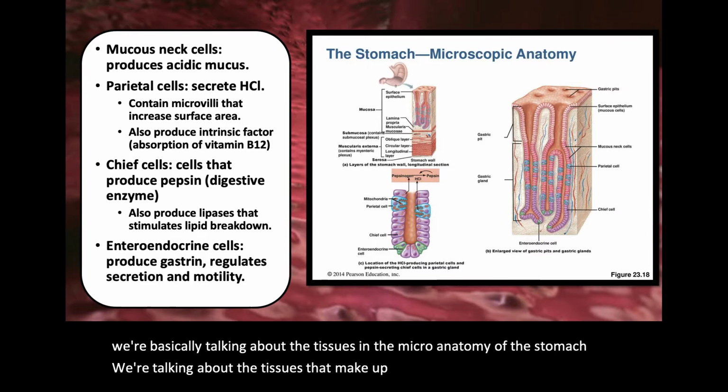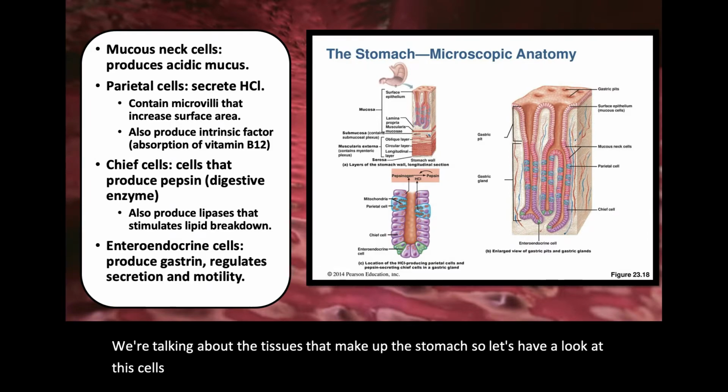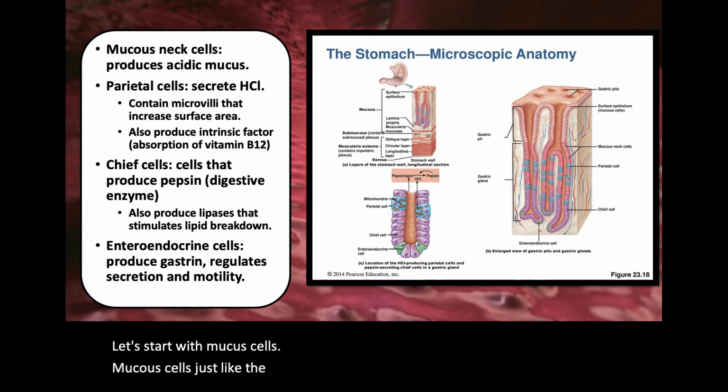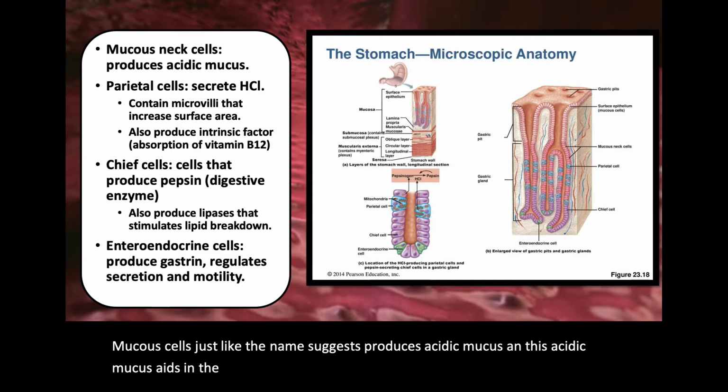So let's have a look at the cells so that we understand the functioning of the stomach a little bit better. Let's start with mucus cells. Mucus cells, just like the name suggests, produce acidic mucus, and this acidic mucus aids in the breaking down of the food, the bolus that is coming down into the stomach.